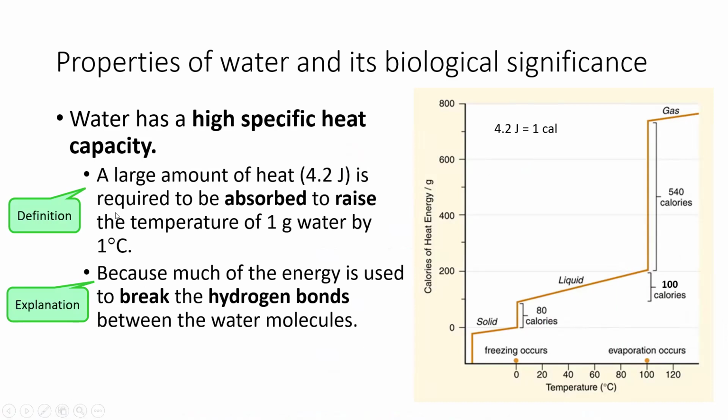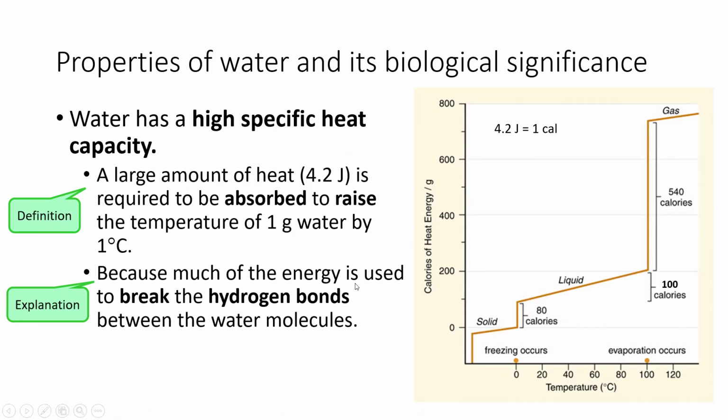The definition of specific heat capacity is that a large amount of heat is required to be absorbed to raise the temperature of 1 gram of water by 1 degree Celsius. This is because the energy absorbed is used to break the hydrogen bonds between the water molecules.